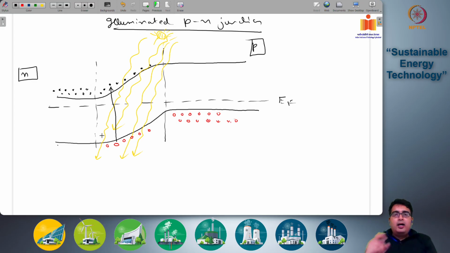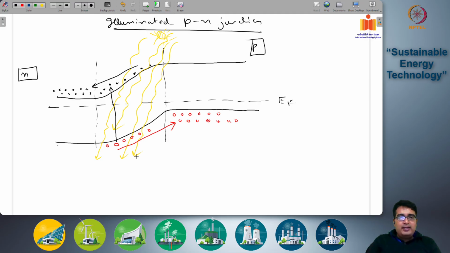Okay. Now you see these electrons are on this gradient. So they will go down to the lowermost energy levels and move towards the N side. While these holes always try to rise to the topmost available energy level. So these will move towards the P side. Okay. Now this is a positive charge moving this way and negative charge moving this way.